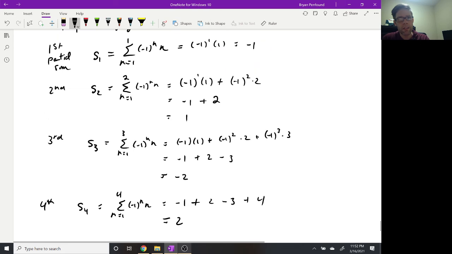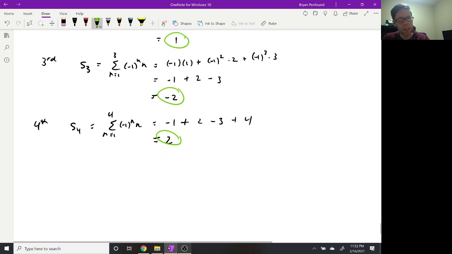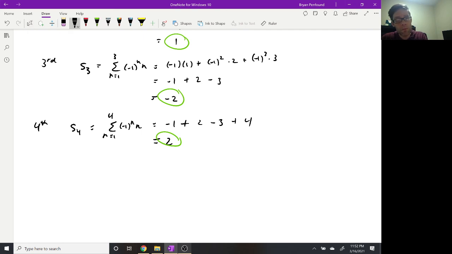So hopefully you're going to start to see a pattern arising inside of our sums. We start at -1, then we go to +1, and then we go to -2, and then we go to +2. So the sequence of sums that we get is -1, 1, -2, 2.